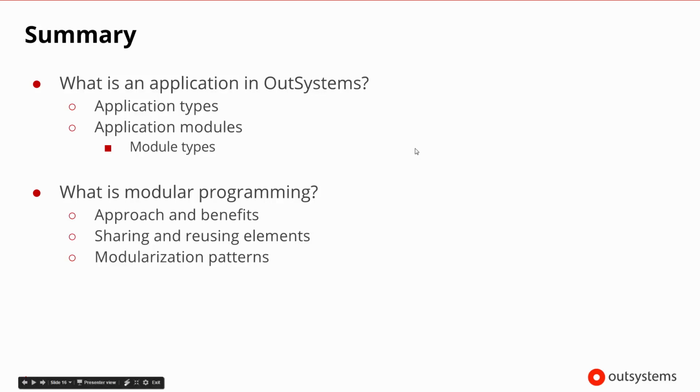So in this session, we wanted to talk about what an OutSystems application is and the fact that it has modules. Those modules can be of different types, and in many cases we want to be careful about how we create those modules and what we put in them, because we're using modular programming and we want to be able to share and reuse those elements. And as we're doing that, there are different patterns that we can go ahead and follow.